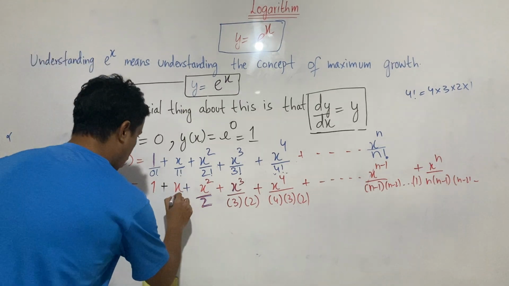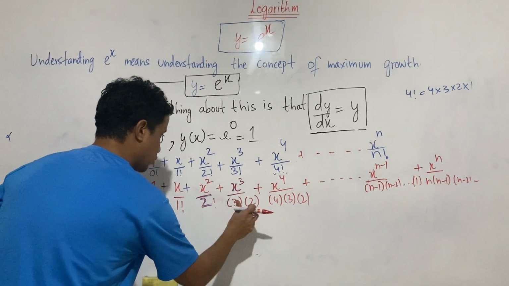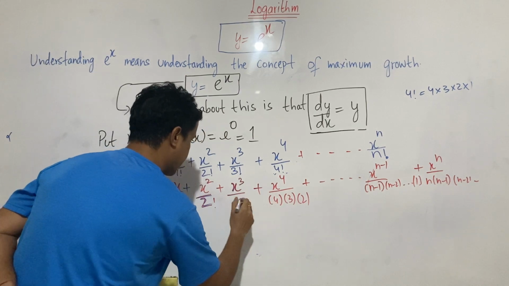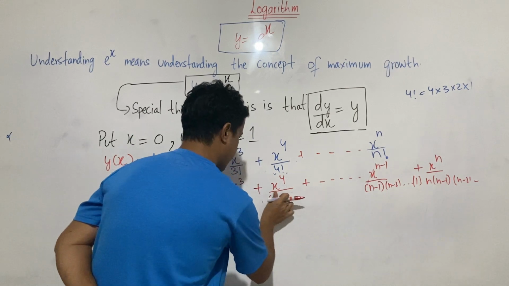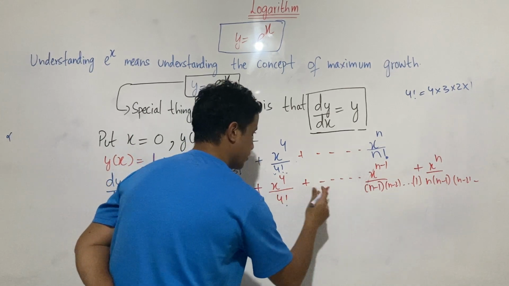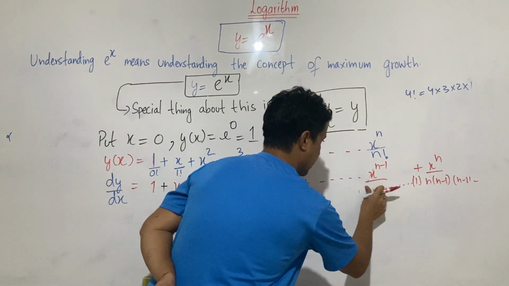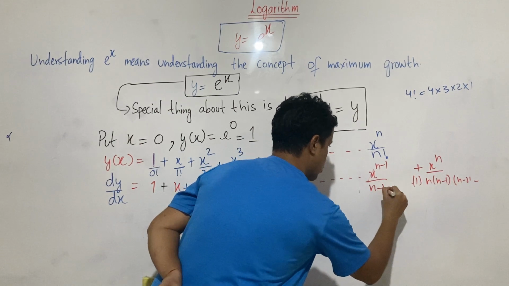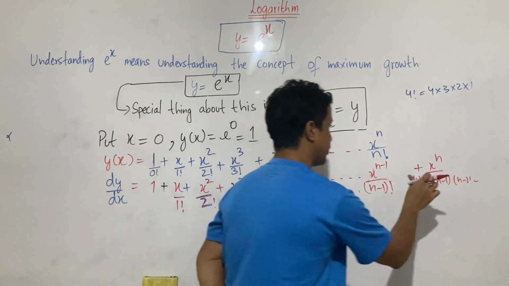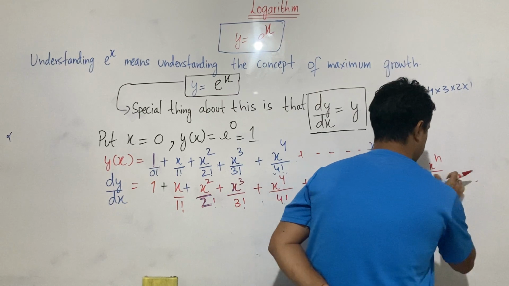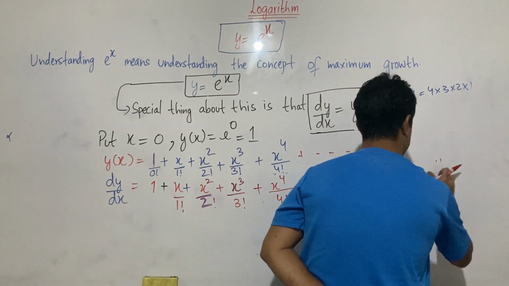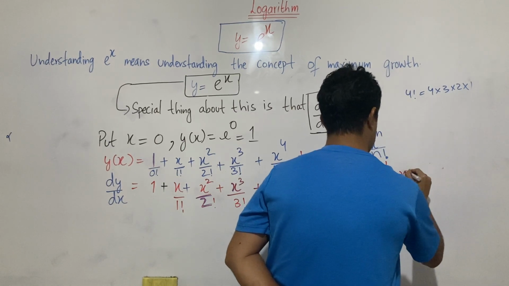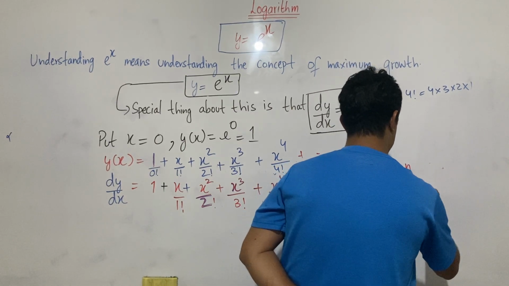Here 1 factorial, here 2 factorial, here would be 3 factorial, here would be 4 factorial, and here would be n minus 1 factorial, and here would be your n factorial, here would be x^n over n factorial.